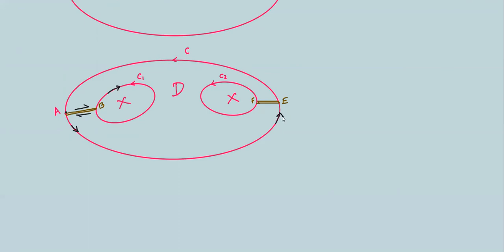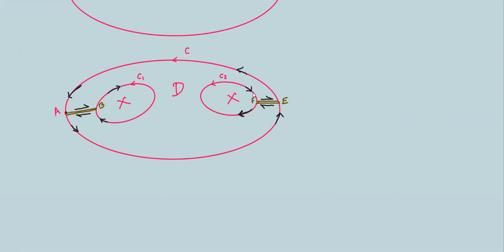So we come all the way till E here, then EF, from EF we go again clockwise, and then come to F, and from F to E, and again from E to A. So now this includes, see, we are going like this, and throughout this boundary, now we have created a simply connected domain.